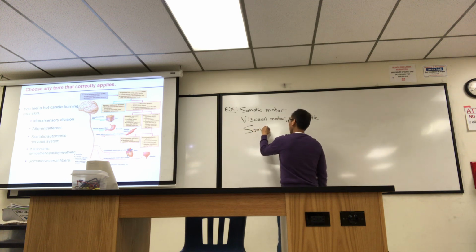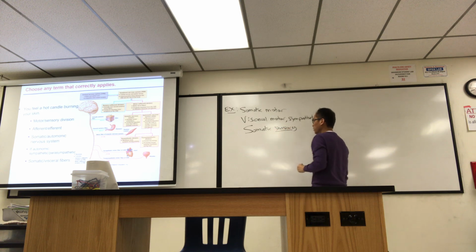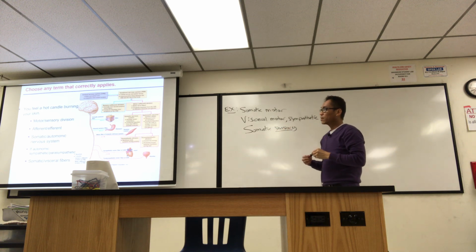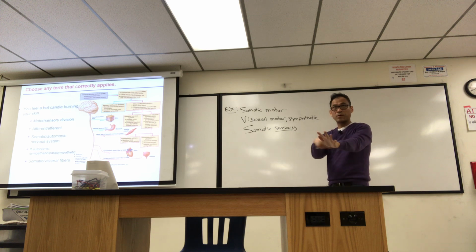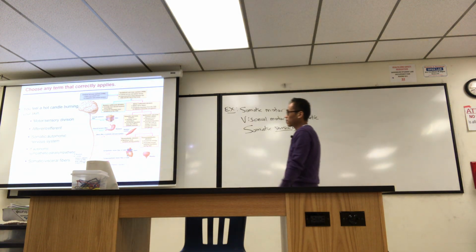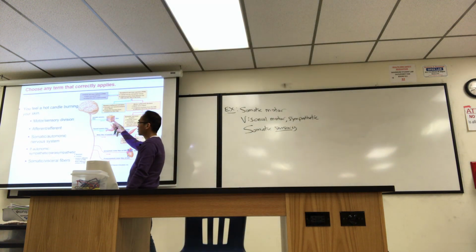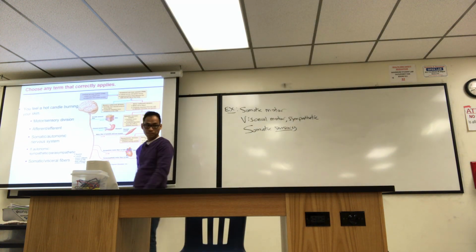Somatic sensory. How do I know it's sensory? What was the clue? You feel something. Something is going from the periphery up to your brain, to your awareness. How do I know it's somatic? I said it was skin. Your skin is the somatic sensory part.